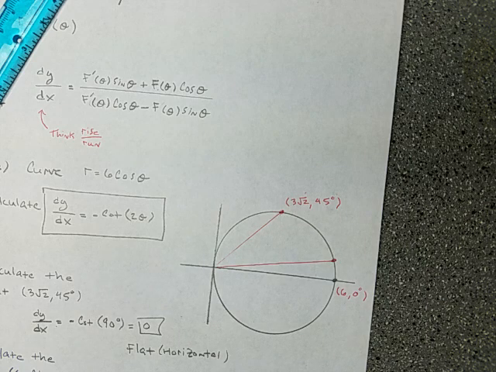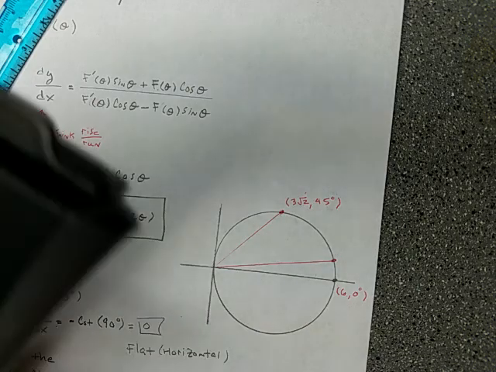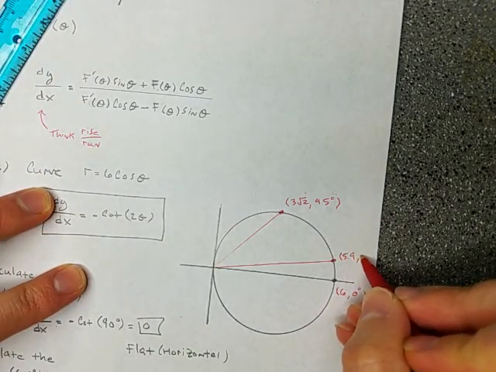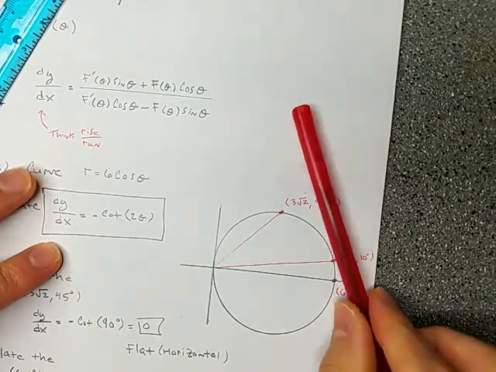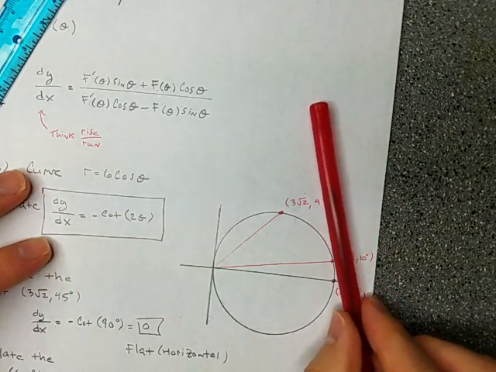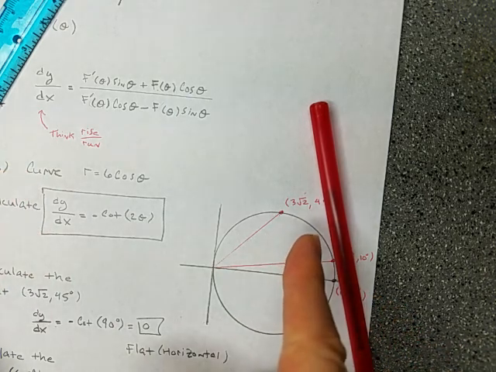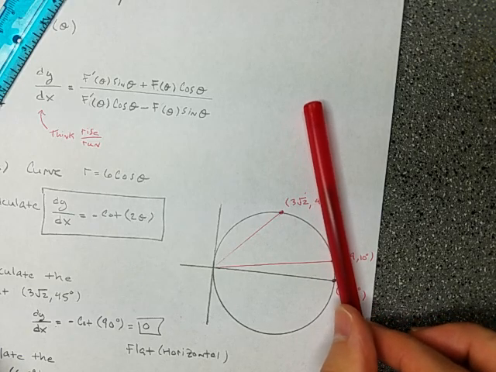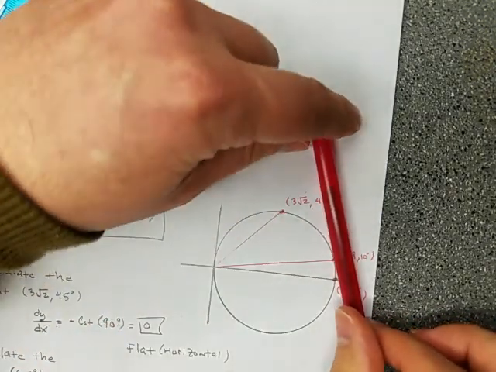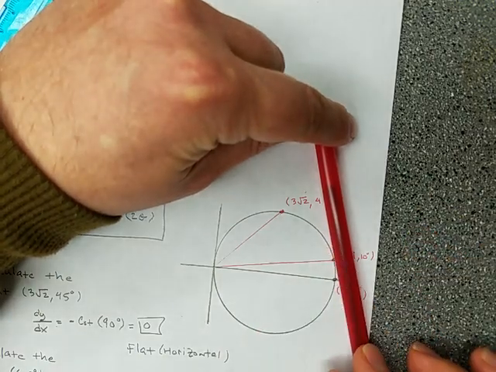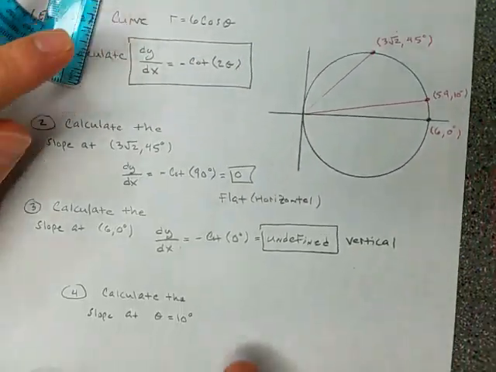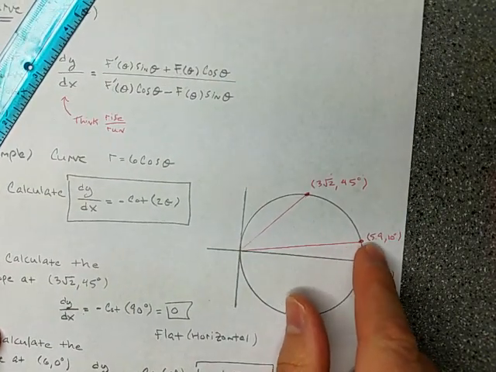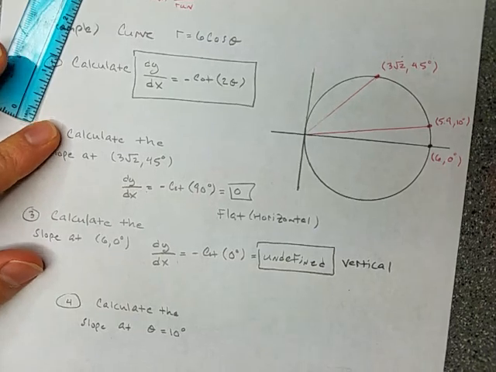It's about 5.9. So this point's about 5.9 for r and 10 degrees for theta. Then it would be about that steep right there. See, I'm putting my pen, that'd be the rise and the run, if I align it with the circle. So you'll get some negative slope, fairly steeply down and to the right. So that will be the slope at theta is 10 degrees, at this point right there where r is about 5.9.